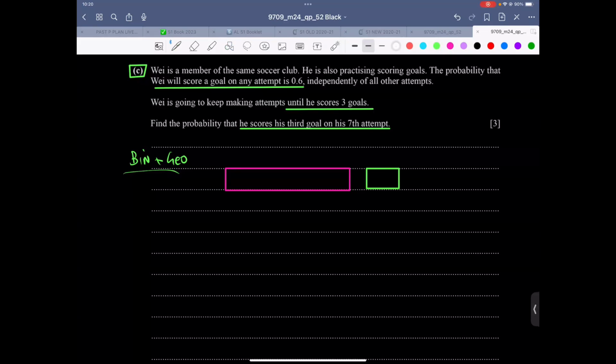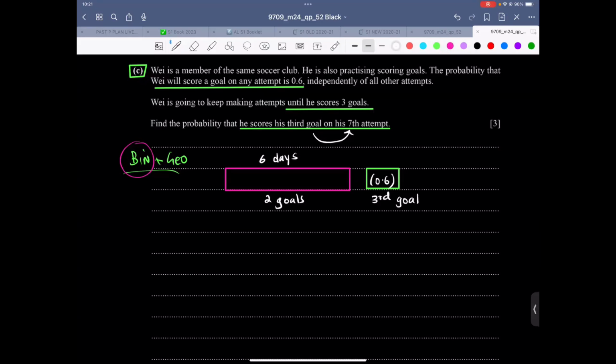So basically, for the first 6 attempts, since the 3rd goal will be on the 7th attempt, so the 3rd goal goes over here. And that success is 0.6. In the first 6 attempts, he will score 2 goals in any order. So therefore, this is binomial.